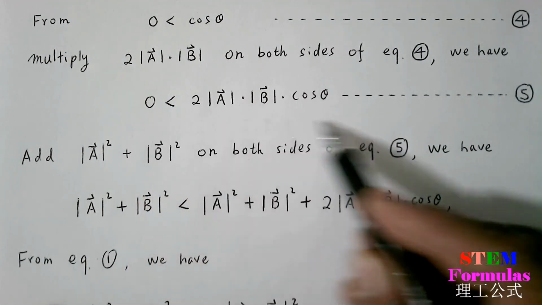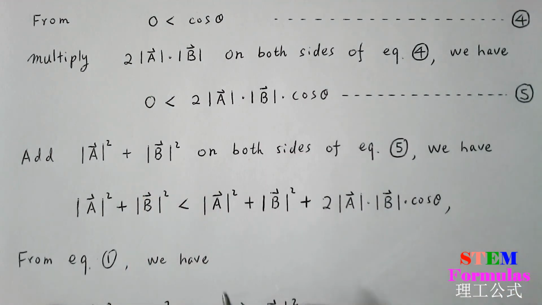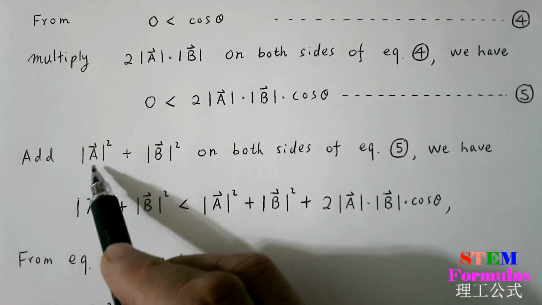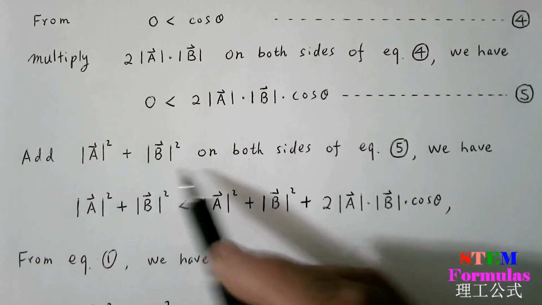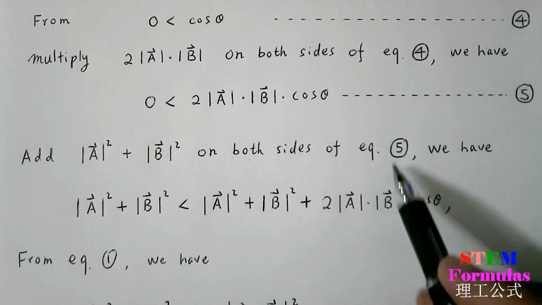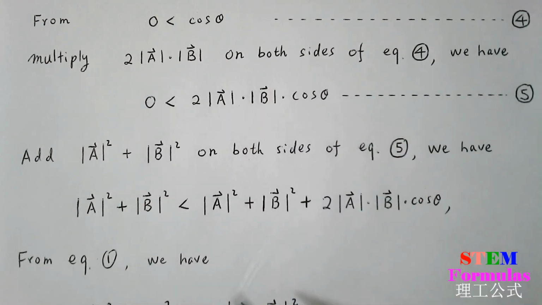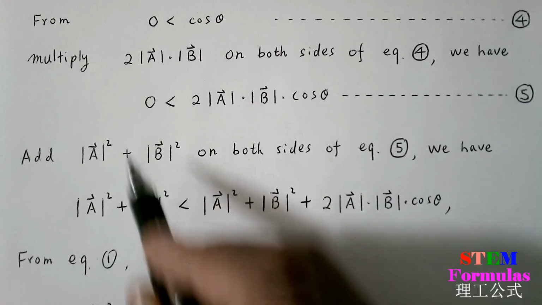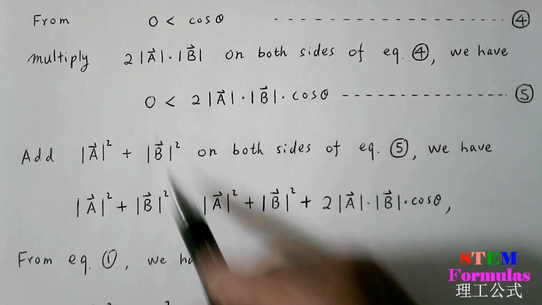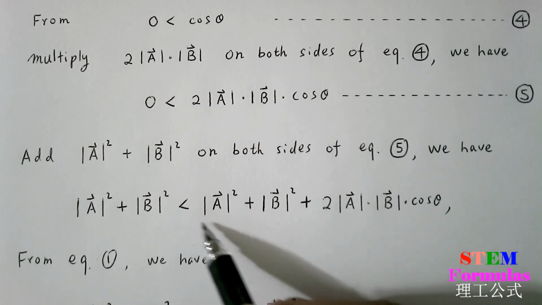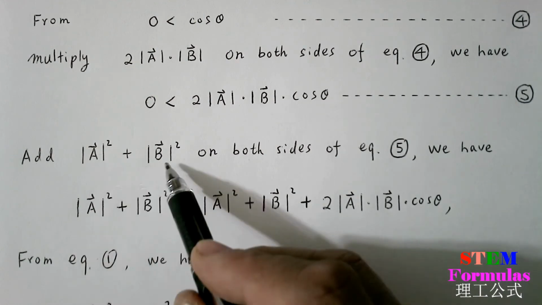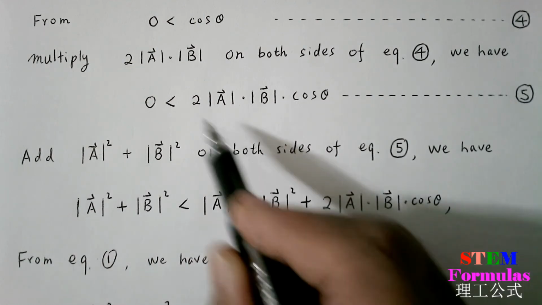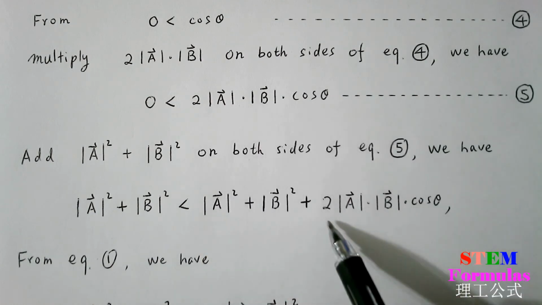We call this equation 5. Next step, we add A squared plus B squared on both sides of equation 5. Then it is greater than A squared plus B squared plus this term.